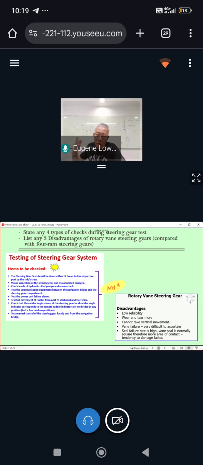So there's a lot of wear and tear normally, as compared with the RAM system. Okay, right. Okay, and basically it's the testing part here that you need to know at least 4, and the rotary vane system disadvantages, you need to know at least 3.